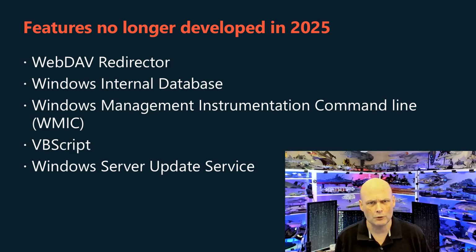Most of what WMIC did in terms of WMI interaction has been replaced over the years by PowerShell functionality. VBScript is available as a feature on demand and pre-installed in Windows Server 25 before its removal from the operating system in a later release. If you still use VBScript as your scripting language, migrate to using PowerShell for automating tasks, custom actions, or scripts.